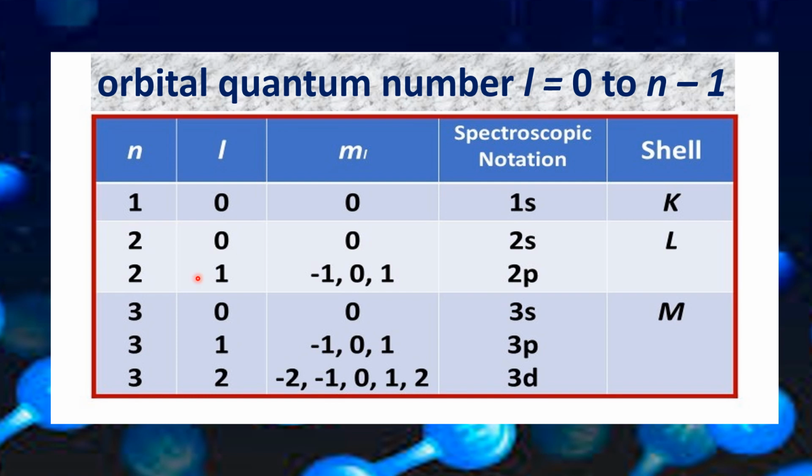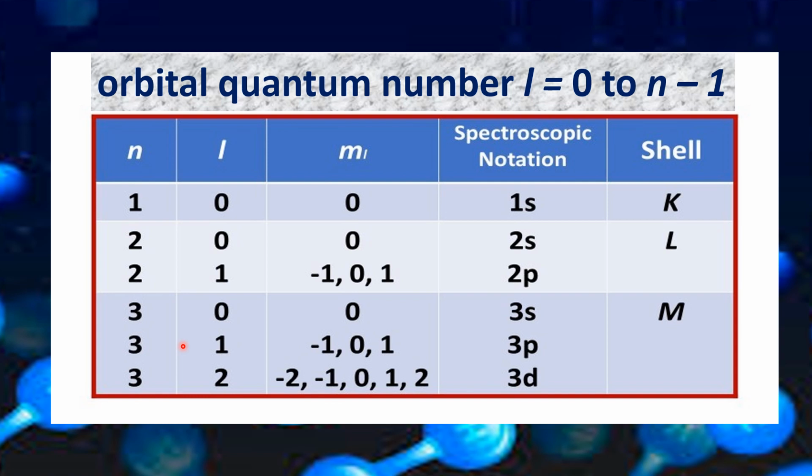If n equals 2, that means 2 minus 1, we have 1, plus the first possibility, which is 0, so we get 2 possible orbital quantum numbers, 0 and 1.